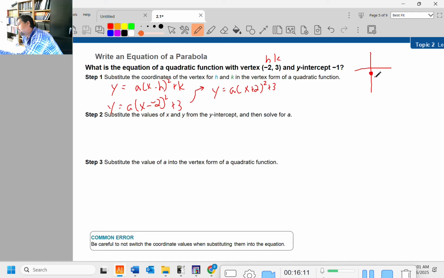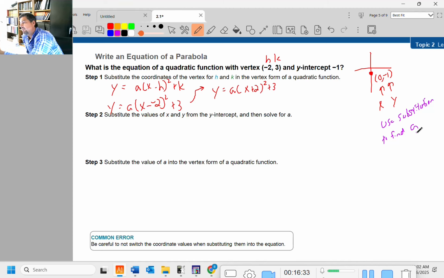That means there's an ordered pair there where x is 0 and y is -1. This gives me an x and it gives me a y. What we're going to do is use substitution to find a.